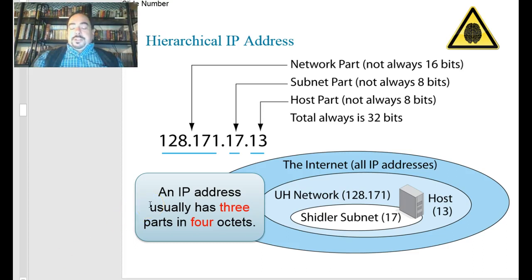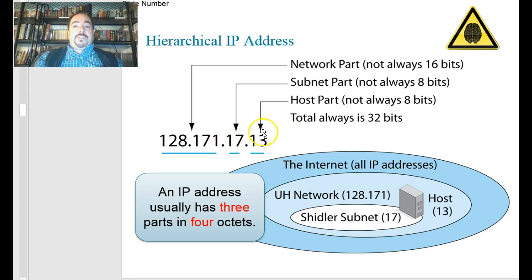Another example, I think this is from the previous edition of the textbook. The far left part will belong to the network. Here it just happens to be 16 bits. It doesn't have to be 16 bits. The subnet part here is 8 bits, but it might not correspond to the 3rd octet necessarily. Same with the host part.